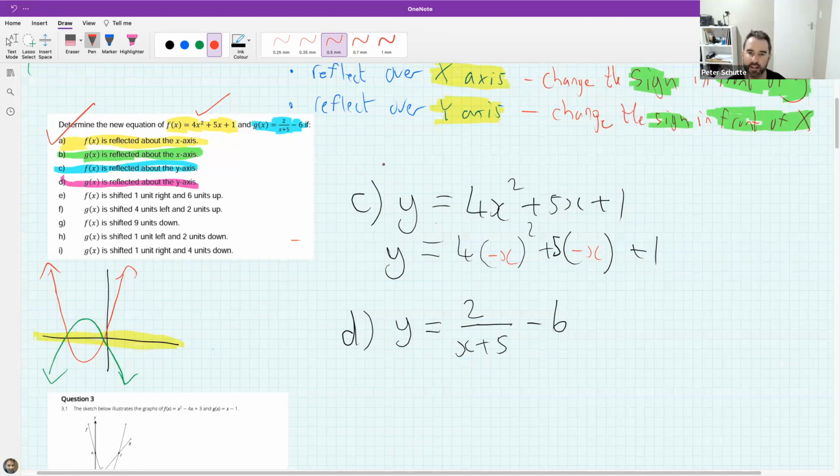And when I write out 4 times minus x times minus x, I actually find I'm getting 4x squared for that.